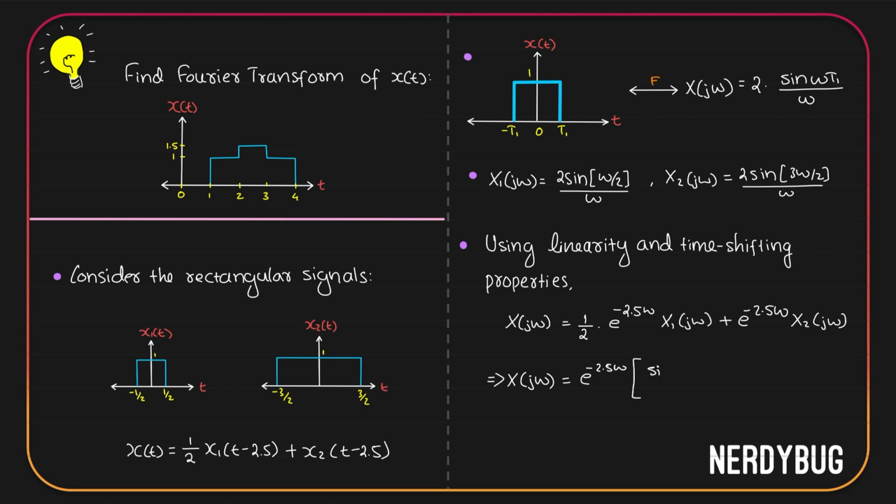We get sine omega by 2 divided by omega plus x2 of j omega, which is 2 sine 3 omega by 2 by omega. So we have 2 sine 3 omega by 2 divided by omega, and this is our final answer.